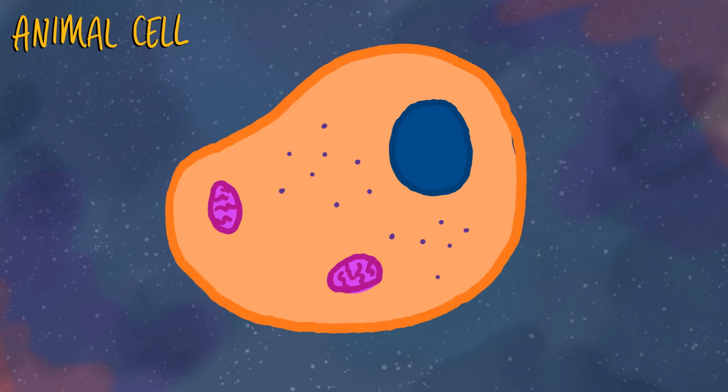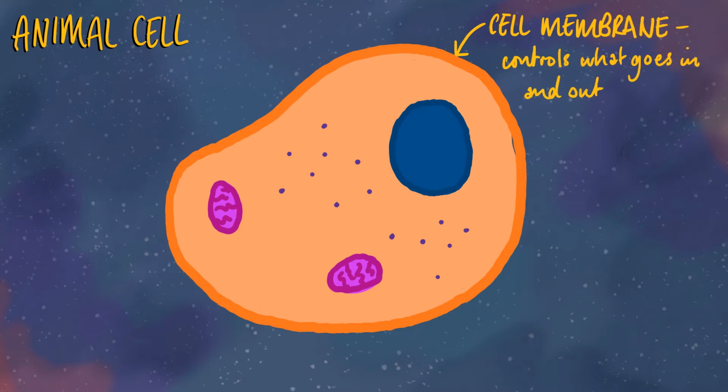But obviously we need to know what these things are and what they do. So on the very outside we have the cell membrane, and that controls what goes in and out of the cell. So it lets some things in and it doesn't let other things in. It lets some things out and doesn't let other things out, depending on what the cell needs.